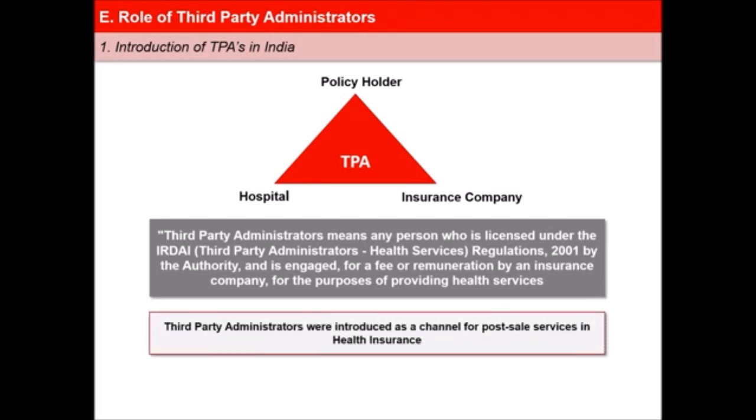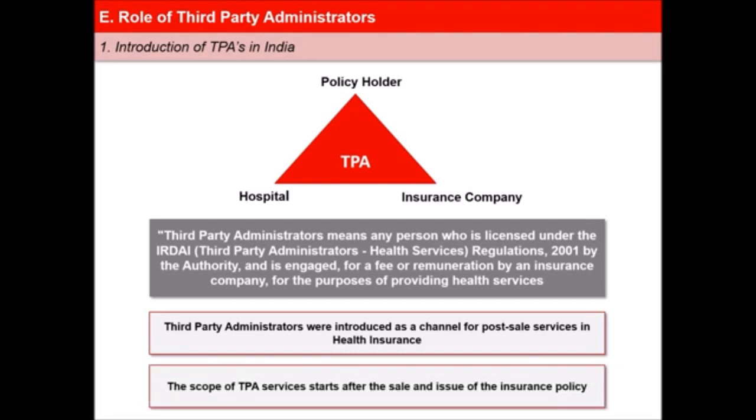Third-party administrators were introduced as a channel for post-sale services in health insurance. The scope of TPA services starts after the sale and issue of the insurance policy. In case of insurers not using TPAs, the services are performed by in-house team.